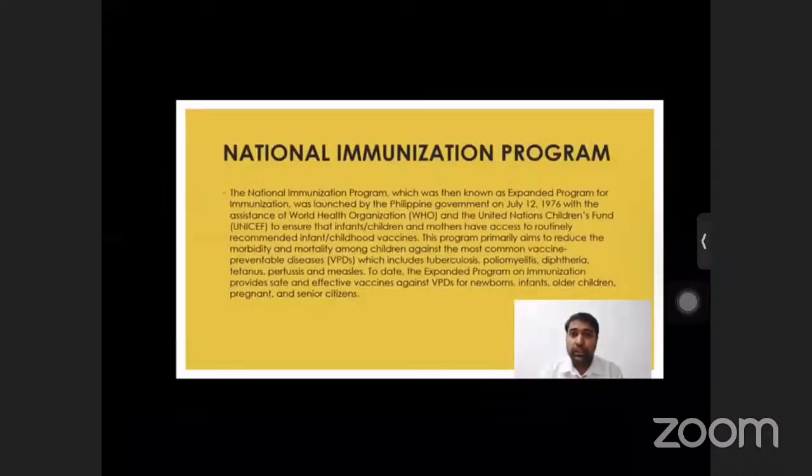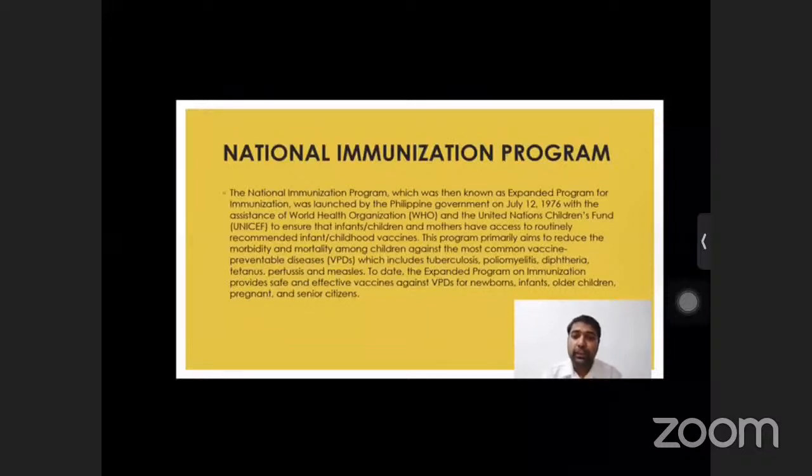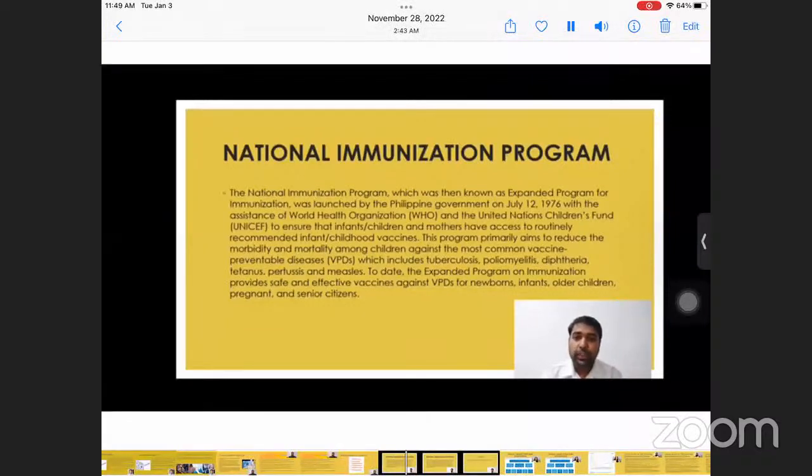National Immunization Program. The National Immunization Program, which was then known as the Expanded Program for Immunization, was launched by the Philippine government on July 12, 1976 with the assistance of the World Health Organization and the United Nations Children's Fund, which we know as UNICEF, to ensure that children and mothers have access to routinely recommended childhood vaccines.